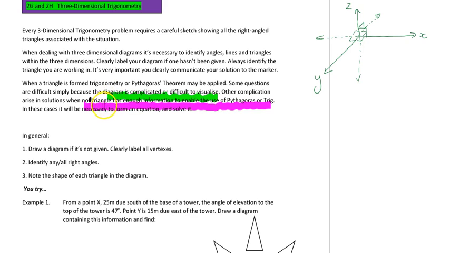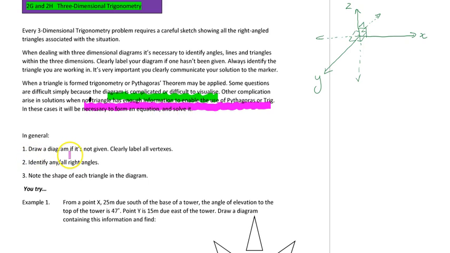And like I've said here, the questions become difficult because the diagram is complicated or difficult to visualise, or we're working with triangles without enough information to directly use Pythagoras and trig. So in that case, you might be required to form some equations and solve them.